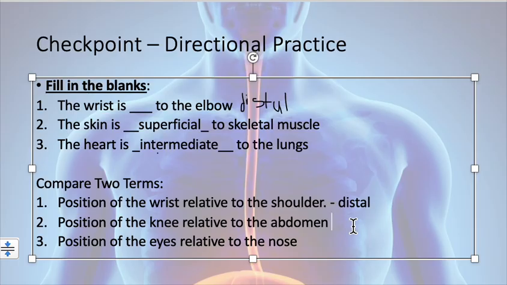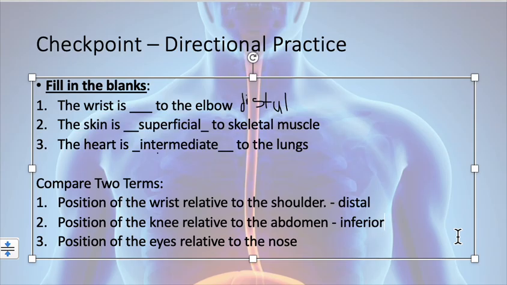Now, in this case, because we are comparing a region on an appendage to a part of the trunk, or to the abdomen, we would say that the knee is, you could say, inferior to the abdomen. So technically, in this case, superior and inferior work best if an individual is lying down, for example.